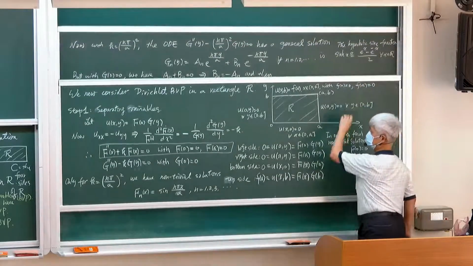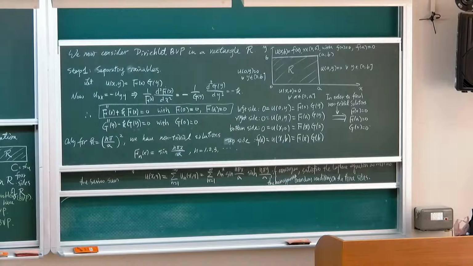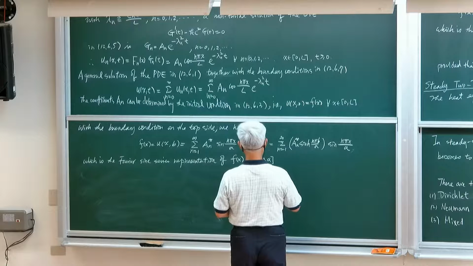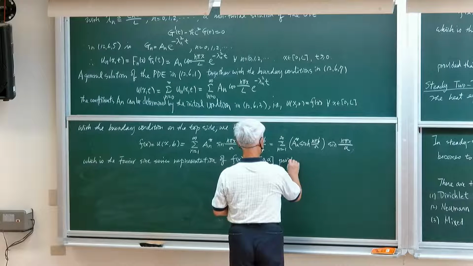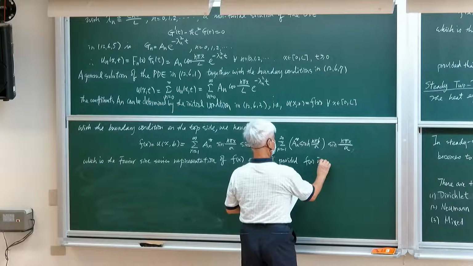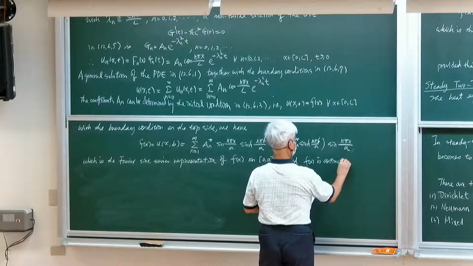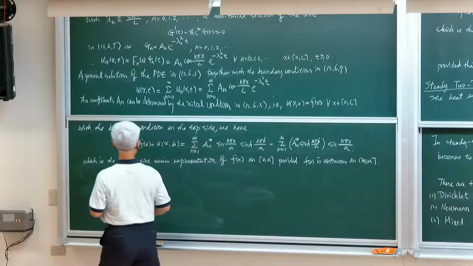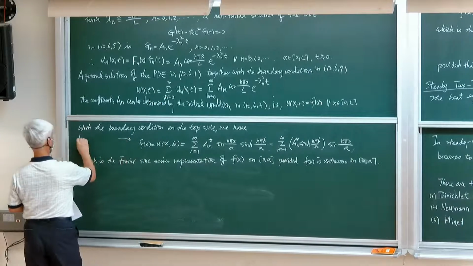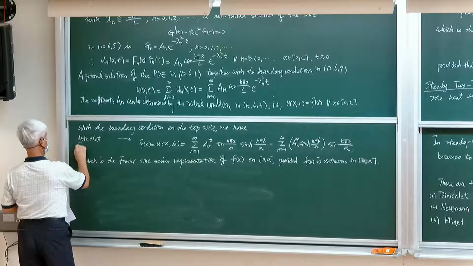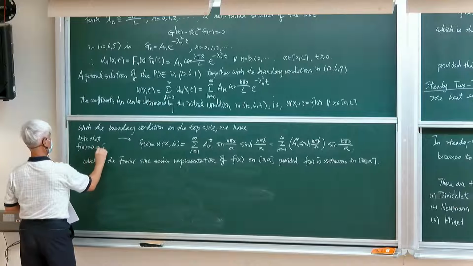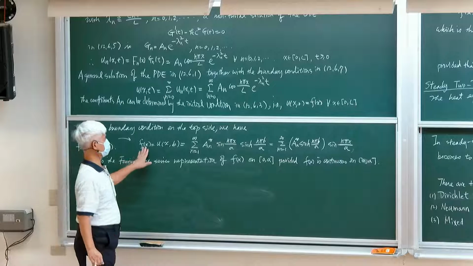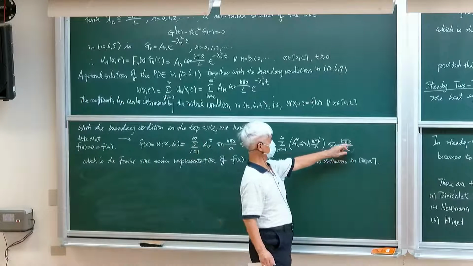Provided that f of x is continuous on [0, a], we should note that f of 0 and f of a are 0.